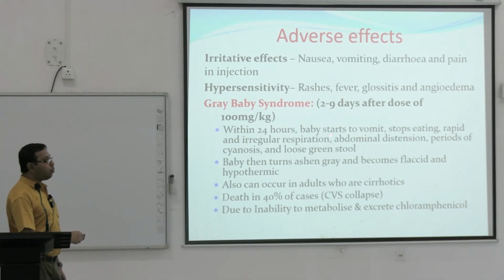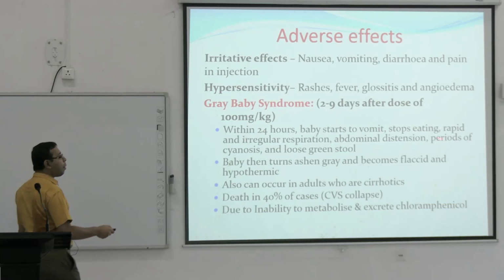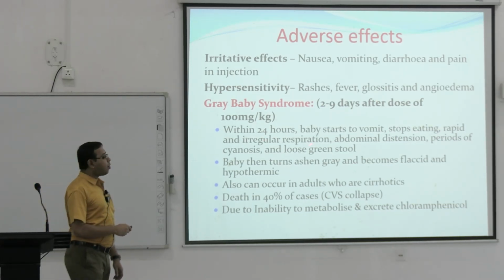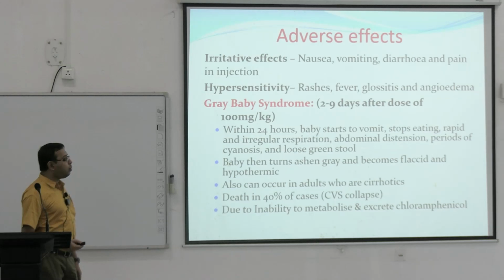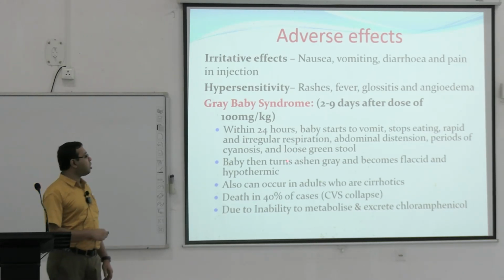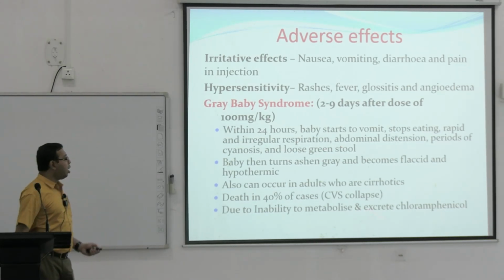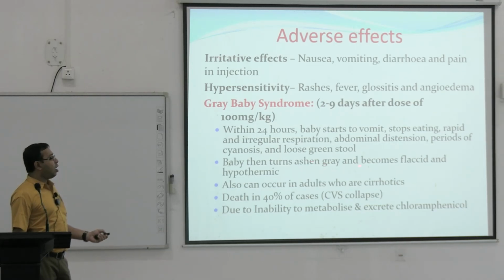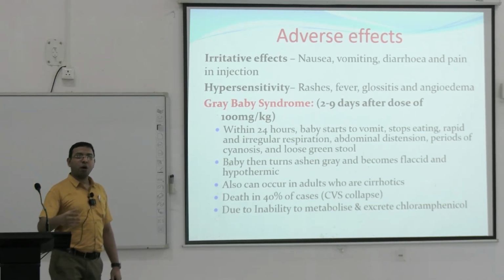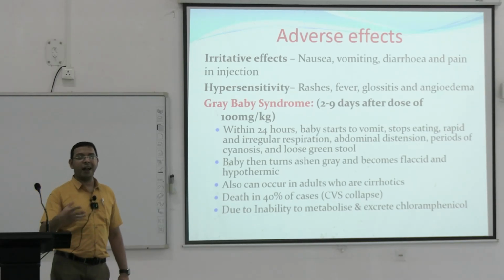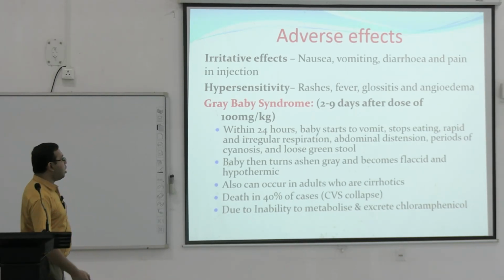Within 24 hours, the baby starts to vomit, and irregular respiration, abdominal distension will be there, periods of cyanosis, loose green stool, the baby turns ashen gray and becomes flaccid and hypothermic.